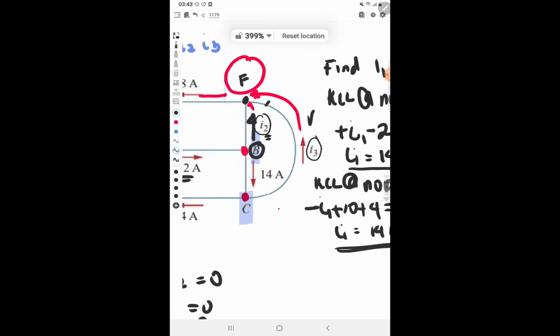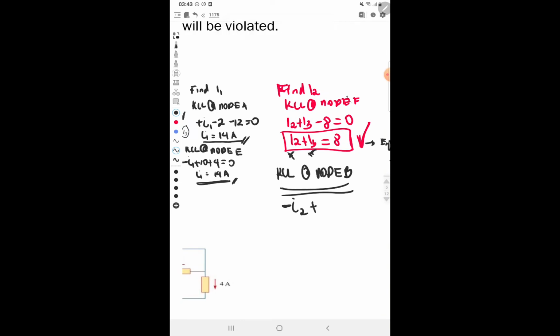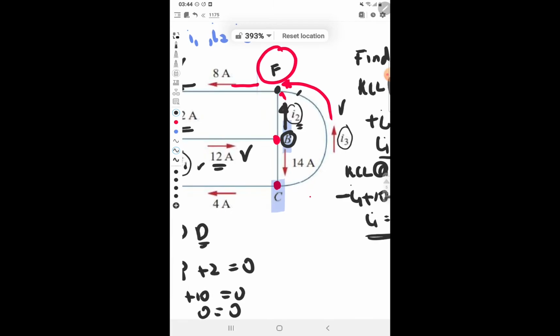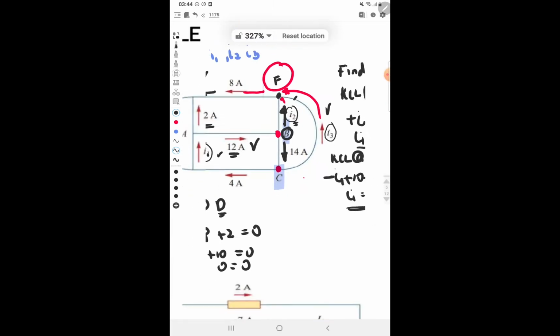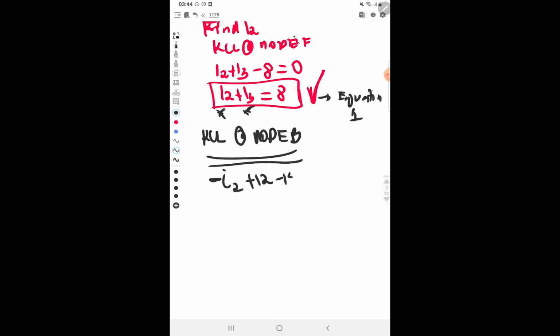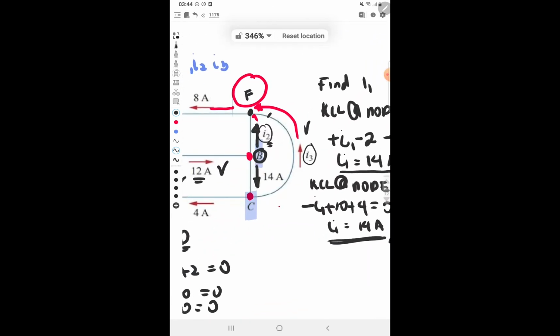The current going in is my 12 ampere, so plus 12 ampere. And then the current going out again is my 14 ampere, so negative 14 equals 0. When I transpose my I2, I will have 12 less 14, which is negative 2. Okay, so that is the current in my I2.